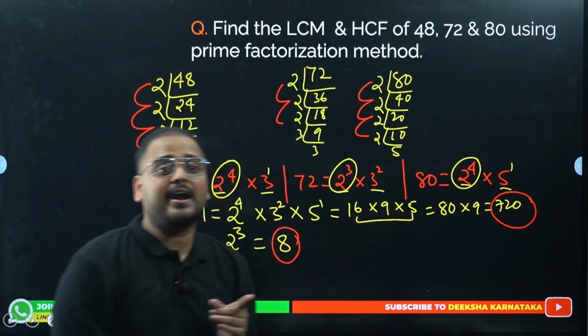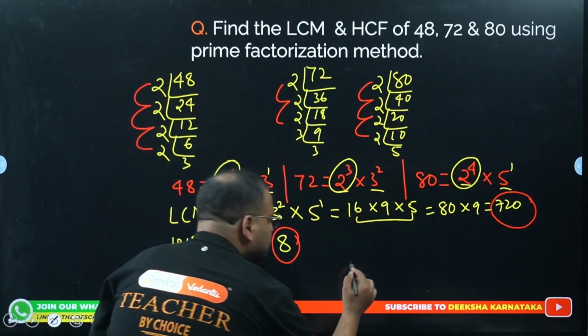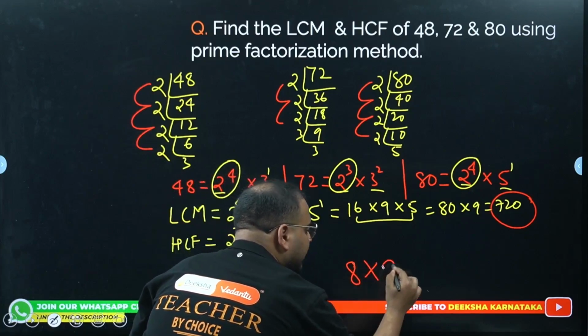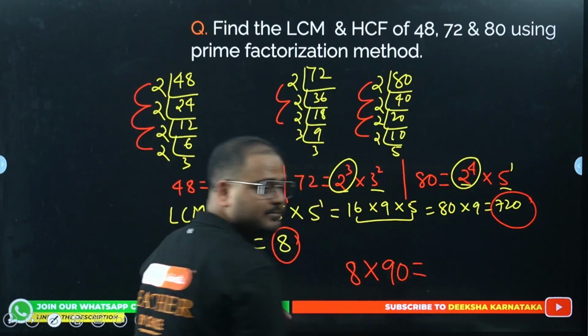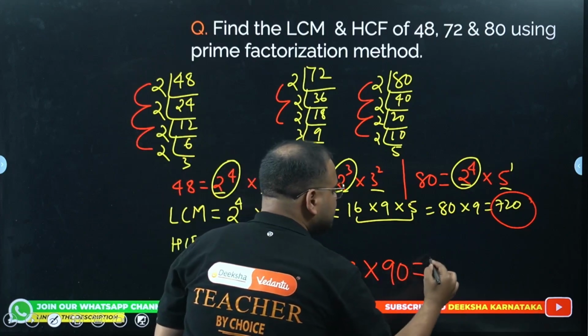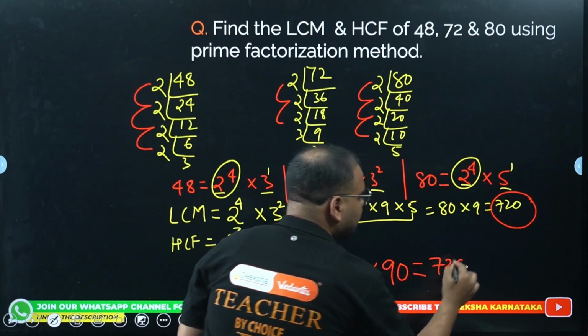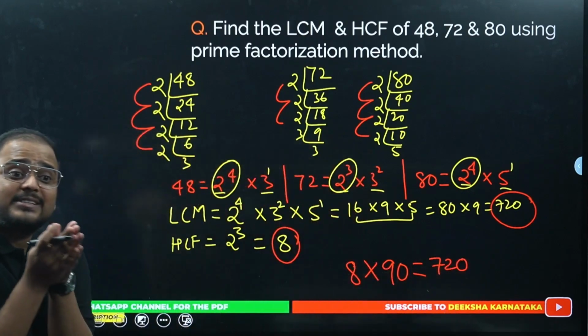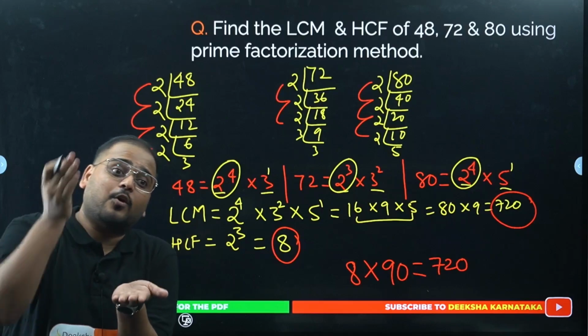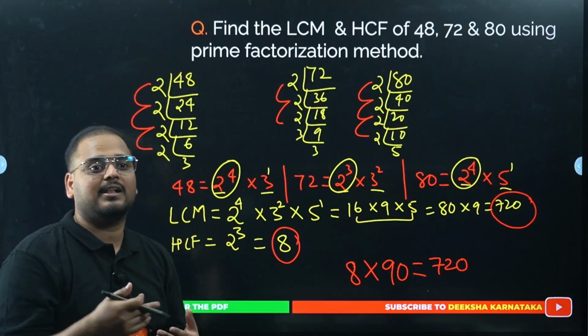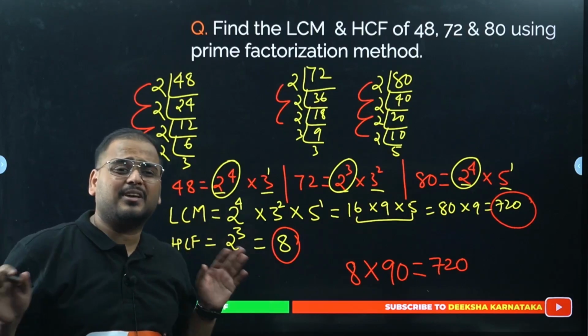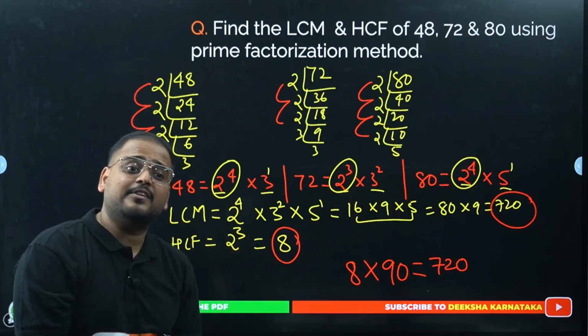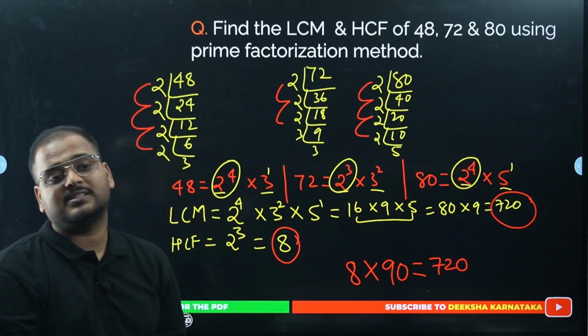If I multiply 8 with 90, I will get 720. It means whatever our HCF is, that will always be a factor of LCM. For any set of given numbers, HCF is always a factor of LCM.